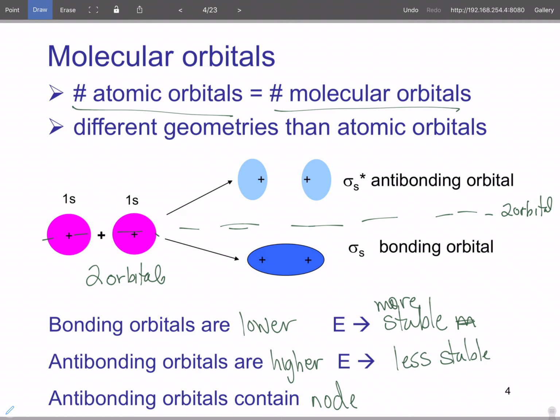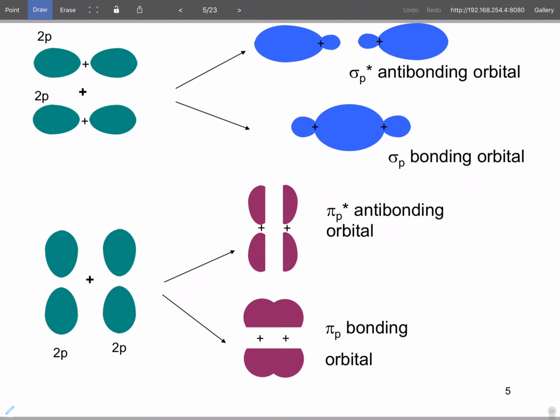So here we combined the s orbitals. An s orbital plus an s orbital, that's 2 orbitals. If you combine the p orbitals, you have 3 p orbitals. So what happens is that there are 2 ways that you can combine the p orbitals.